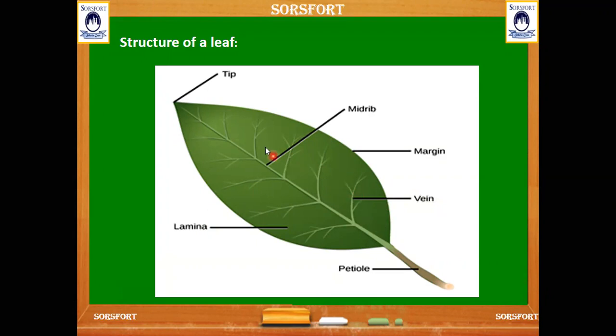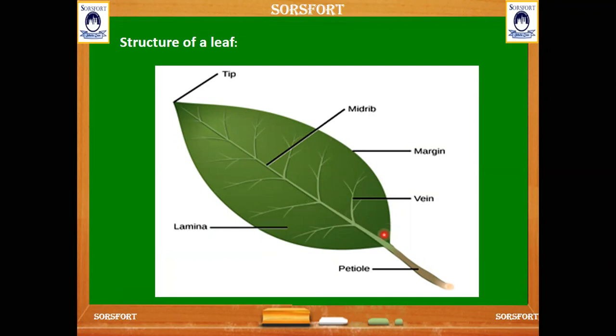We can find lines in the entire leaf. The leaf veins are actually fine tubes which carry food and water to every part of the leaf, and they give support and shape to the leaf.